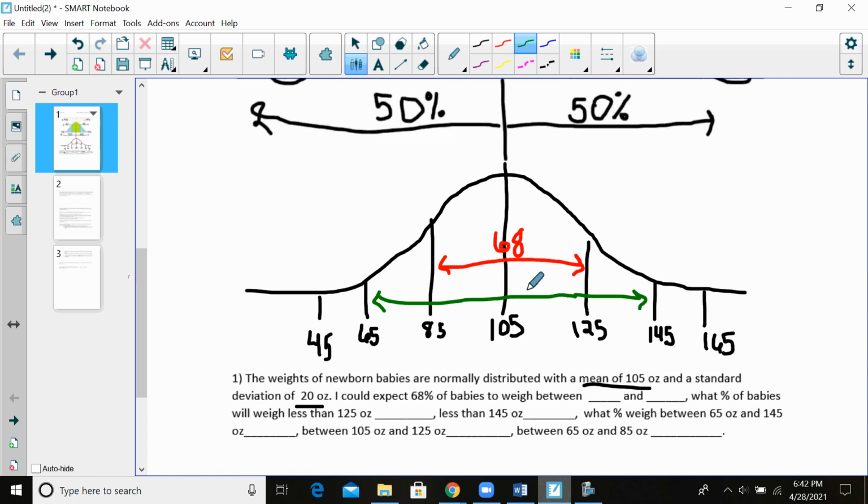Right, so that's 95%. And then that would leave only 2.5% to be greater, right? Because remember, it's 100% under the whole thing. Okay, and then only 2.5% less than 2 standard deviations from the mean. Okay, and then we just start answering the questions.